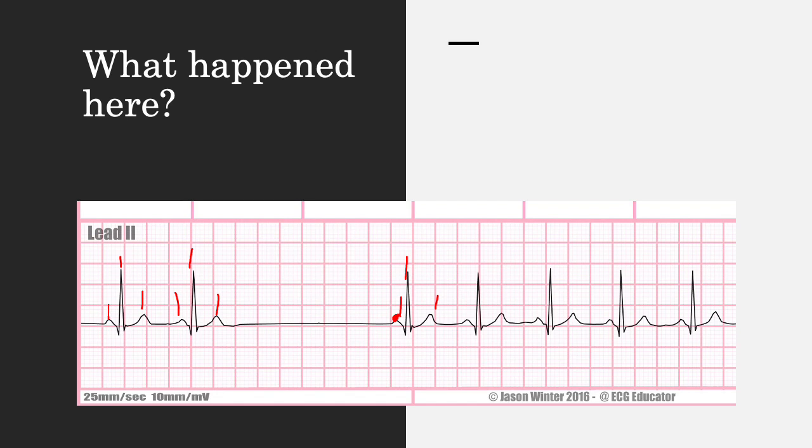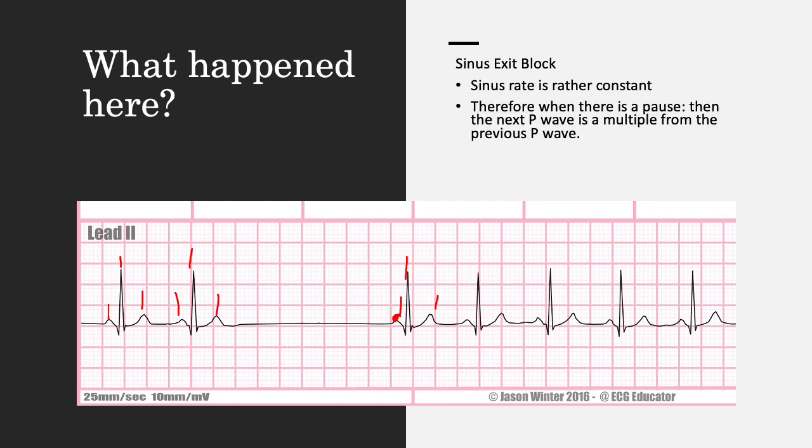So in this situation, what we have is either a sinus pause or a sinus exit block, meaning that the sinus node has fired, but there's a block immediately after the sinus node such that the atria do not depolarize. So remember, sinus rate is rather constant.